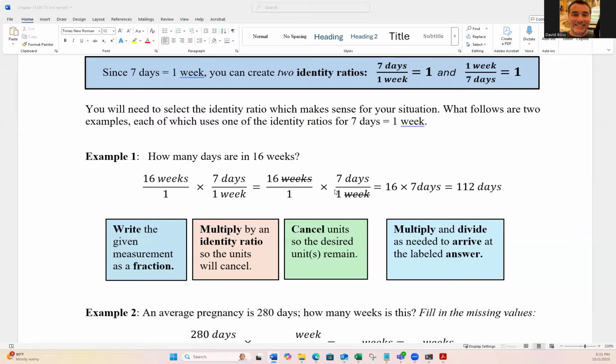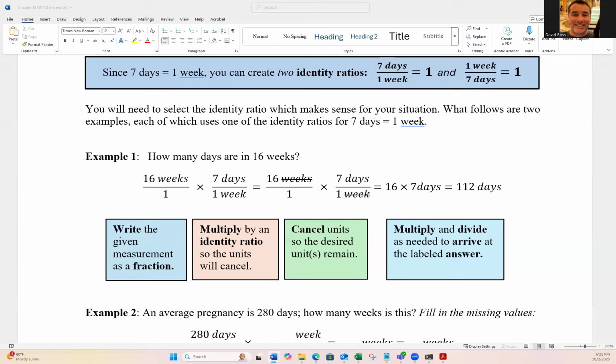You can then cross out the weeks. So the weeks are gone. You have 16 times 7 days over 1 times 1, which is 16 times 7 over 1, which equals 112.